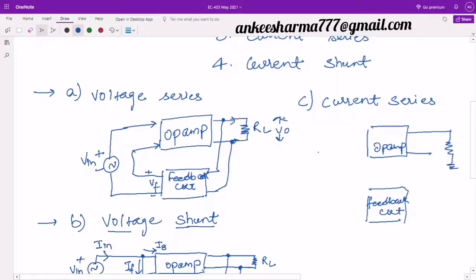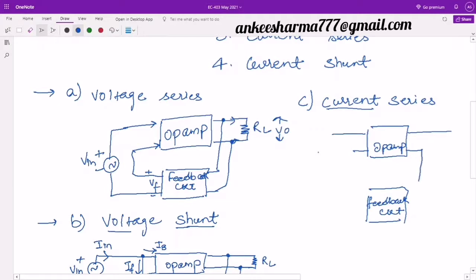I will not draw the ground and everything. Simply I draw these two lines over here, like this. So these are the input and output. As I said, the output will be taken in the form of current that will be sent to the feedback circuit. So if you take the current, definitely that must be connected in series.